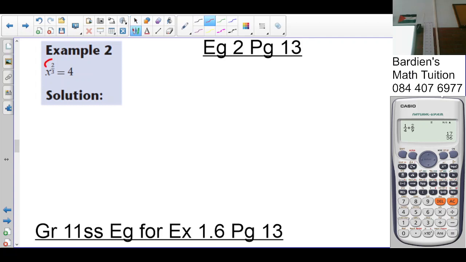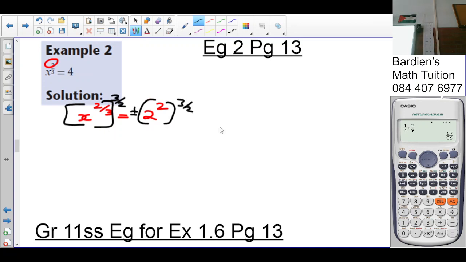What's the rule if the numerator is even? Add plus minus. So you say x to the 2 over 3 is equal to 4, which can be written as 2 squared. So I must raise this to what exponent? 3 over 2. And here goes plus minus. So that cancels. So x is equal to plus minus 2.